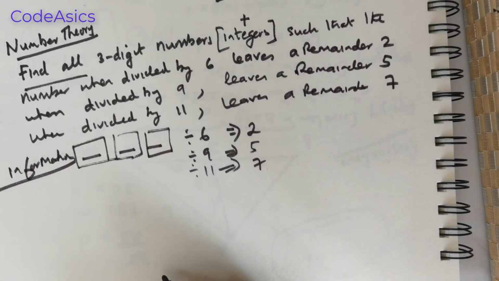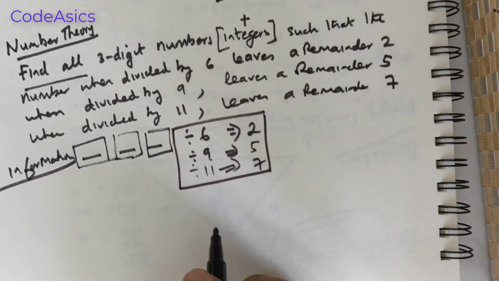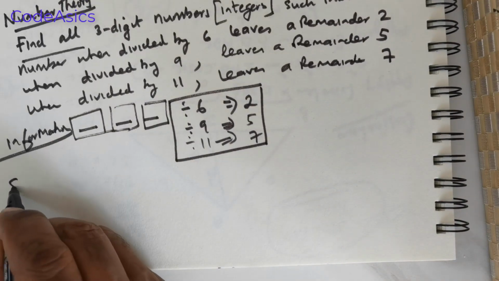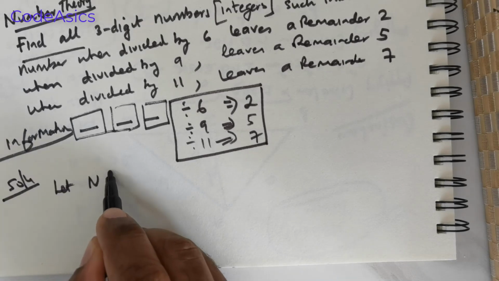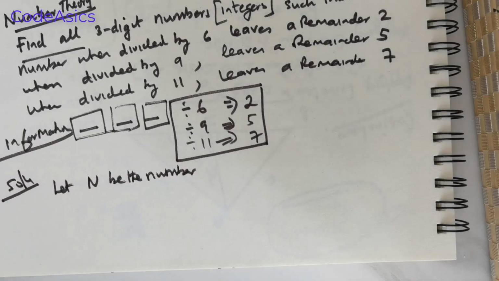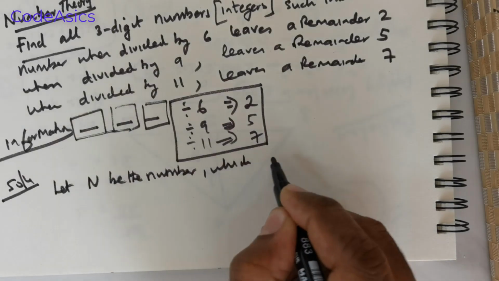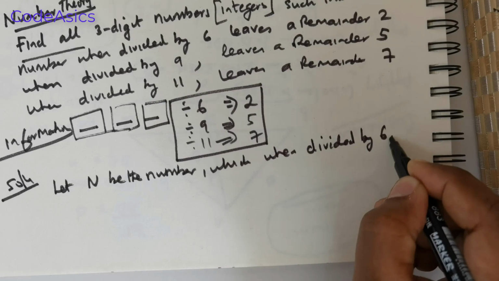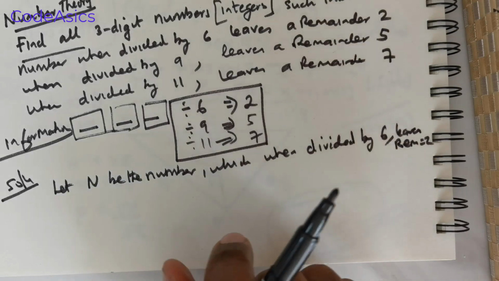Since I don't have space, I would like to go to the next page. But before I go to the next page, let me give you the following information. So this is the startup solution, right? First step, let n be the number which when divided by 6 leaves remainder REM as 2.